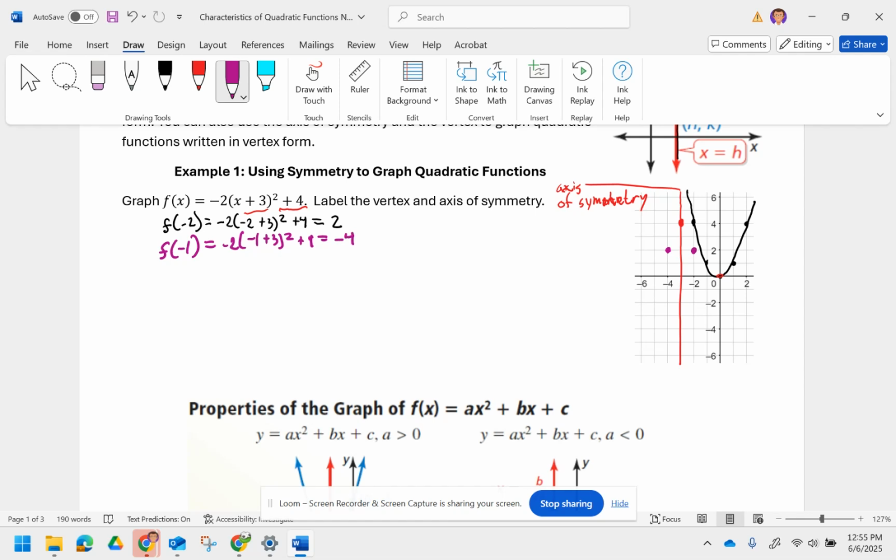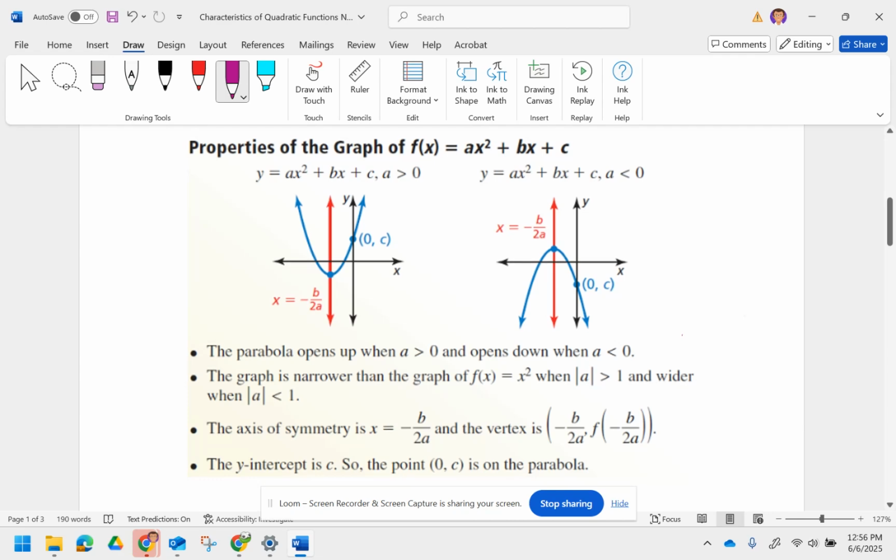So at -1, we should be down at -4. Once again, it's symmetric, so I also know I must have a point right there. So this has been helpful in helping me to identify several points very quickly to create the graph.